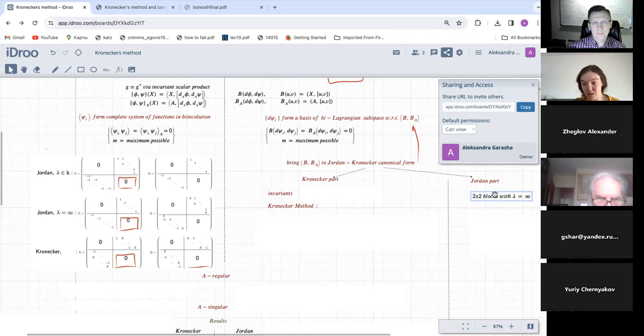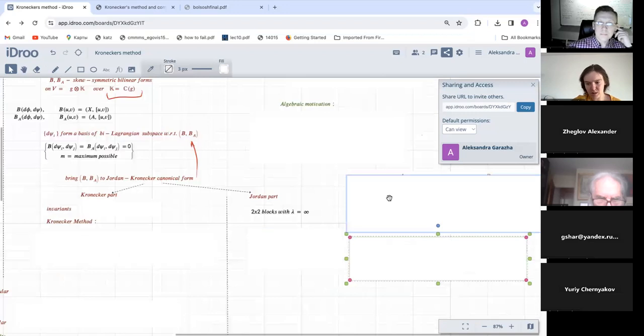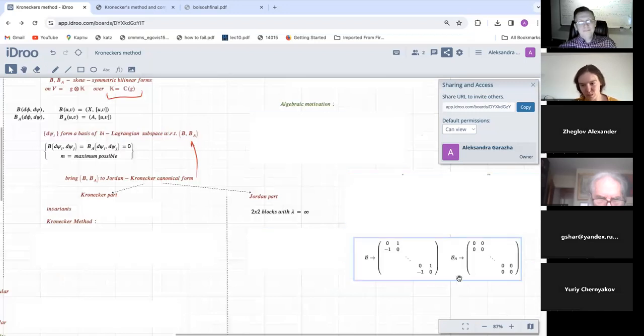If we know that the Jordan part will be very simple, I can even show it here. We know that our Jordan part will look like that. Then the first form will look like that, and the second one like that. So in that case, it's not important to have an algebraically closed field.